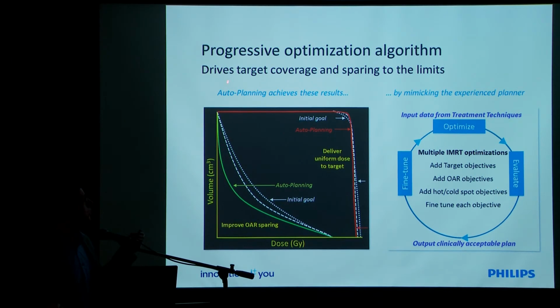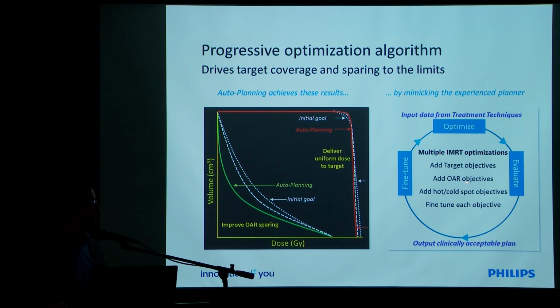The algorithm behind auto planning is called progressive optimization. It mimics the experienced planner. It generates regions of interest to shape the dose, works with the clinical goals to achieve the correct dose to the patient.